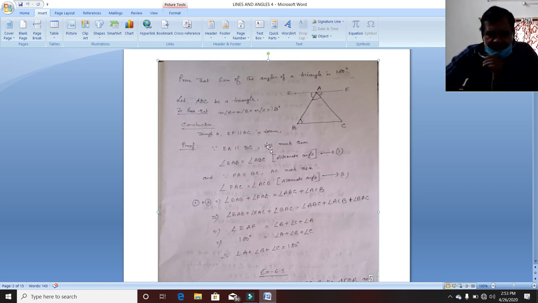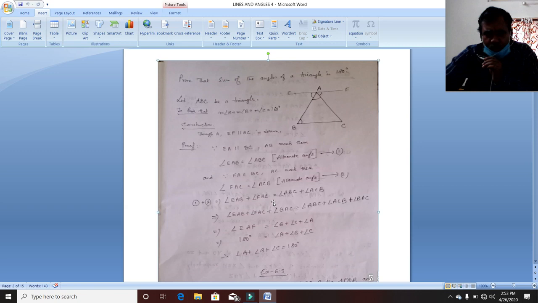Now you see EAB, this angle, and next FAC, this angle. Now this angle is missing, no? BAC. If I insert this angle, this becomes a straight angle EAF. So I am adding BAC to both sides.